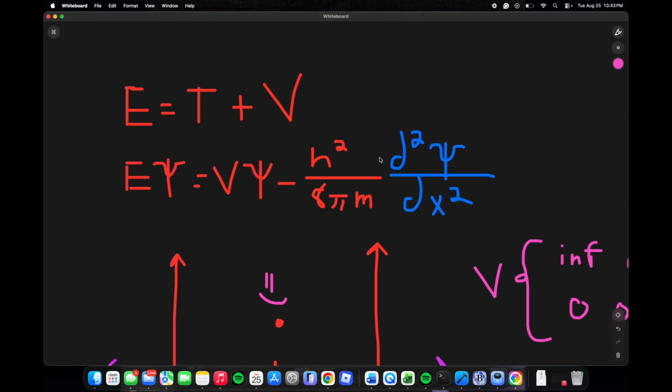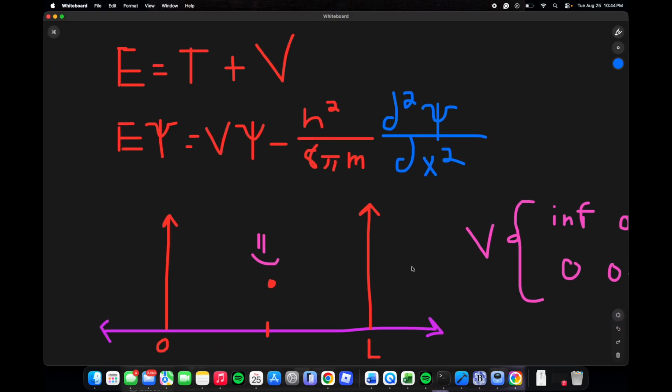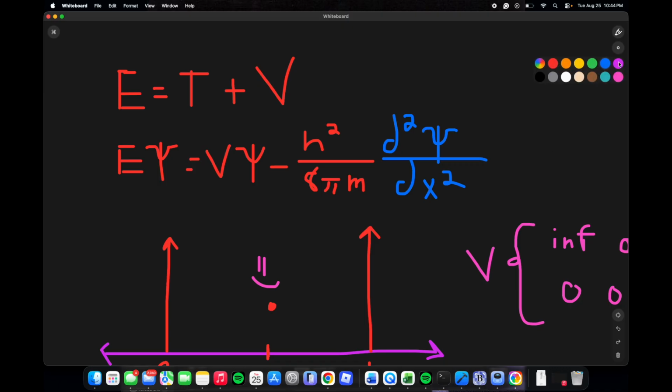Okay, so my question to you is, if you've taken differential equations, you'll understand that this in fact is a differential equation because we have a second order derivative mixed in with some functions of the wave function. So how can we solve for this? Well, we need to make an assumption.